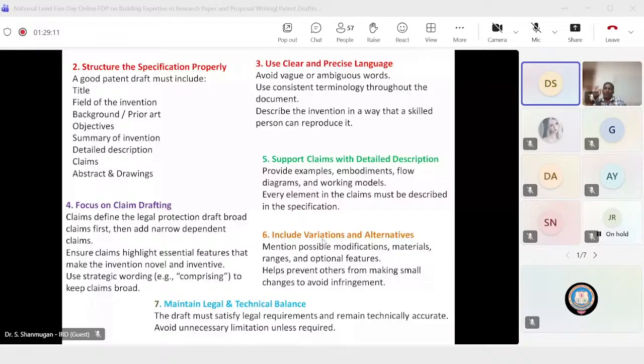Include some variations and alternatives, such as some code or algorithm, your materials, possible modification materials, ranges, and optional features. Write all that in a few words, no need for more explanation. Okay, to get the legal and technical balance, the draft must satisfy the legal requirement, and be technically accurate, avoiding unnecessary limitations and requirements. Okay, so that's very important.